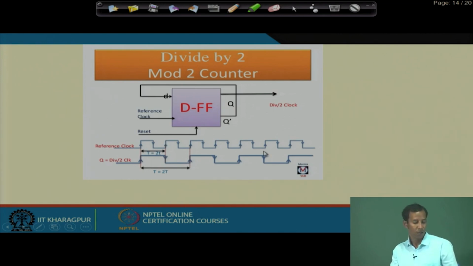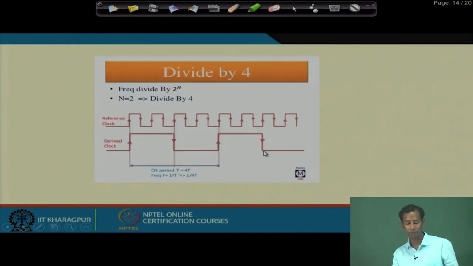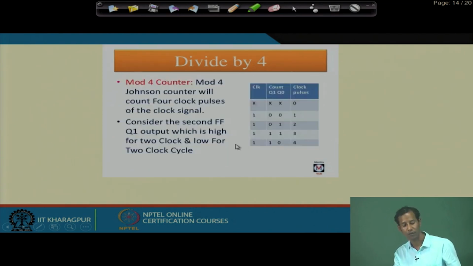Now, if I have to make the circuit of a divide by 4 clock, whenever this n value is 2, I have to divide the clock by 4. That means the corresponding signal will pass 2 clock cycles. So, what will be its circuit?